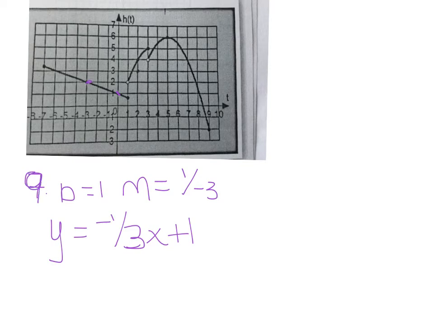And then number 10 says that from 3 to 9 I have a parabolic equation. It wants me to write the equation of my parabola. So let's go ahead and do that. So I'm going to do number 10. First of all, the h and k, the vertex, we know is 5, 6.